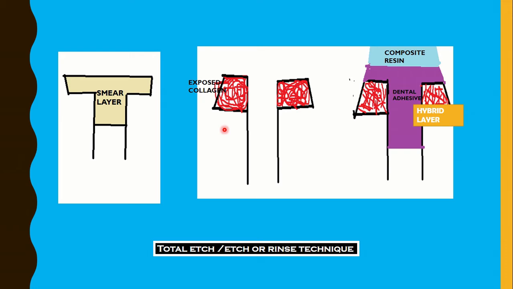Alright, so after acid etching we have these changes taking place in the enamel and dentine. In the total etch procedure, we apply etching both to the enamel and to the dentine simultaneously.